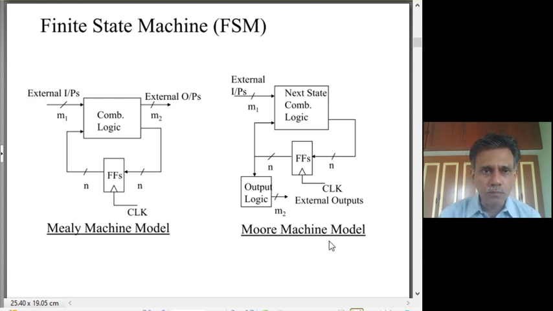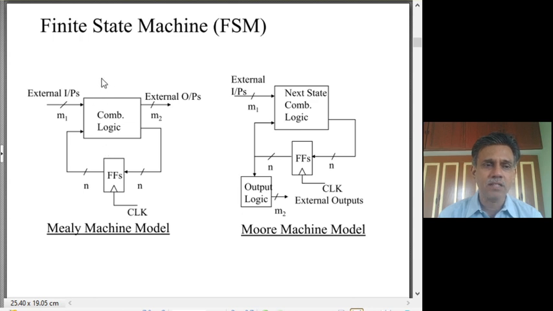So with this in mind, here we have shown that if there are n bits that are stored, n state variables, then there are n bits being stored in the state register. Let there be M1 external input lines, M2 external output lines, and the next state is again obviously n.